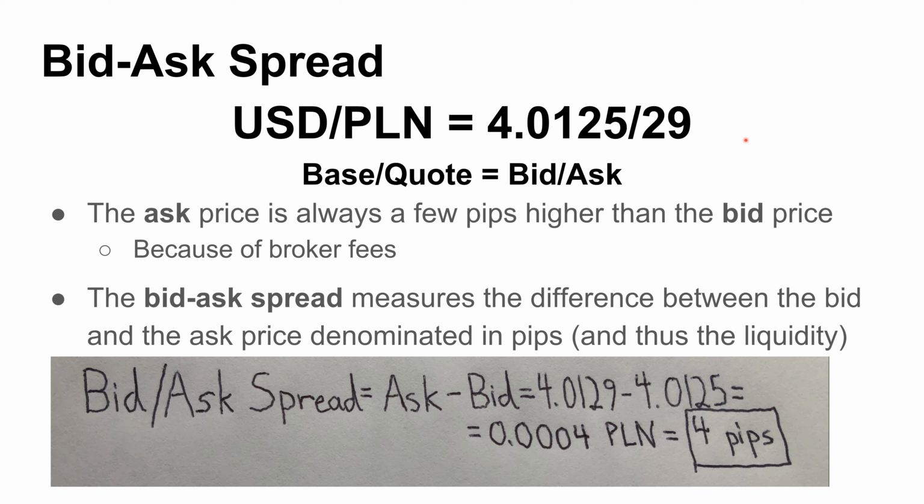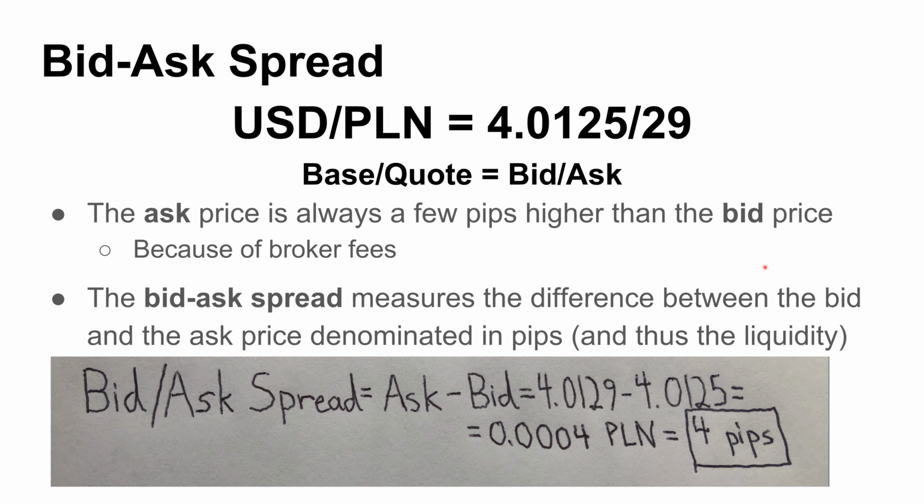The bid-ask spread is used to calculate these broker fees by subtracting the lower bid price from the higher ask price. The higher the spread, the less liquid the currency is. Thus, for more popular currencies, such as majors like the US dollar and the euro, you'll see a lower bid-ask spread because the brokers earn their fees through the high trading volume of these pairs.